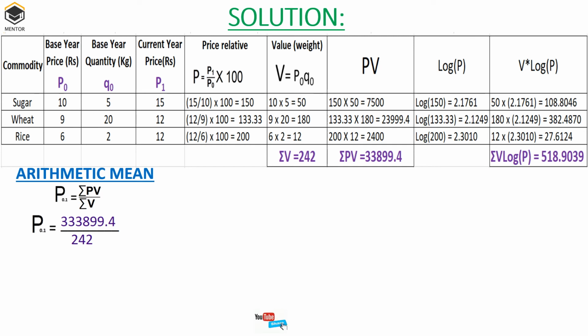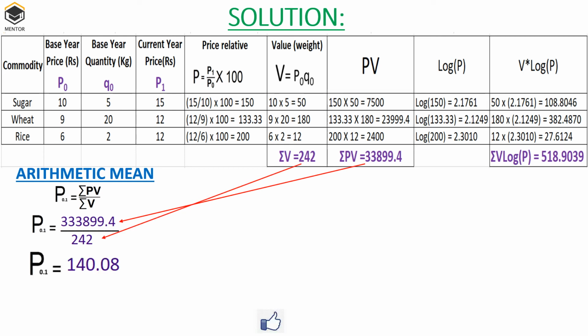Summation PV value is 33,899.4, and 242 is the value of our summation V. I'm going to divide these two values. So I got here the value 140.08.